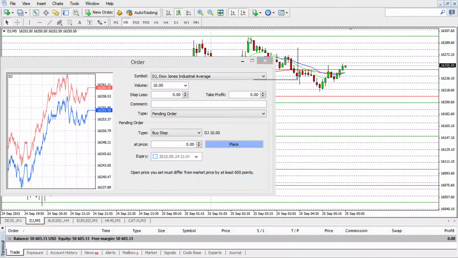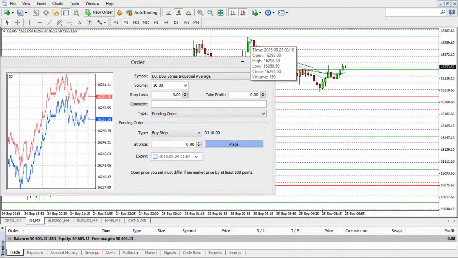So let's say we want to buy above the candle, so we need to check the high, which is 16,298.50 for this particular candle. But we are not going to use only this number. We need to add spread into that.